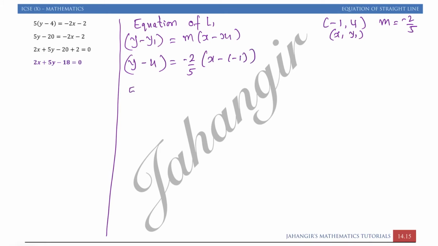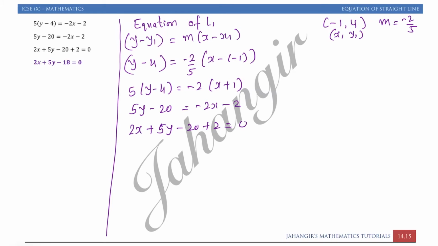Just cross multiply. 5 into y minus 4 is equal to minus 2 into x plus 1. 5y minus 20 is equal to minus 2x minus 2. We can shift all terms to one side, keeping the coefficient of x positive. So 2x plus 5y minus 18 is equal to 0. This is my equation of L1.